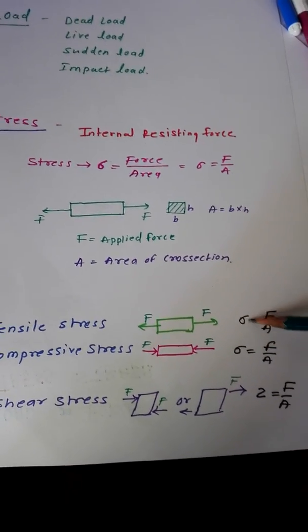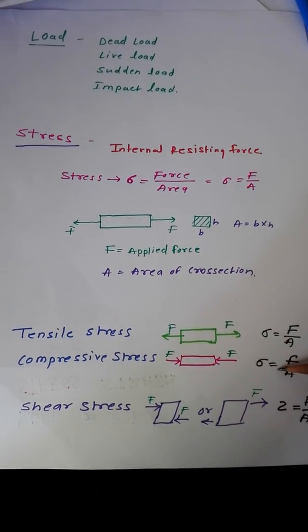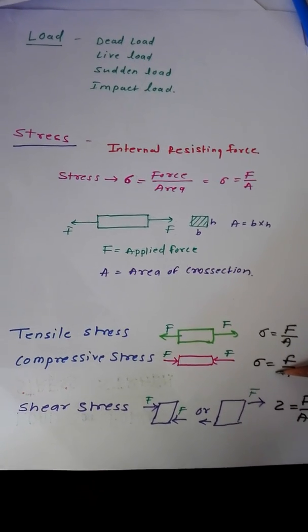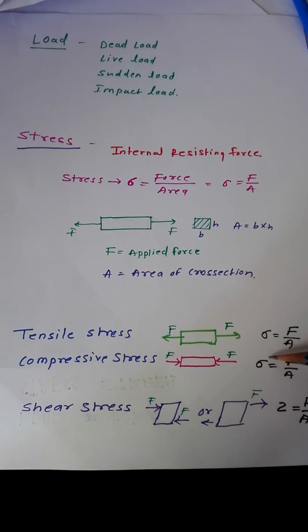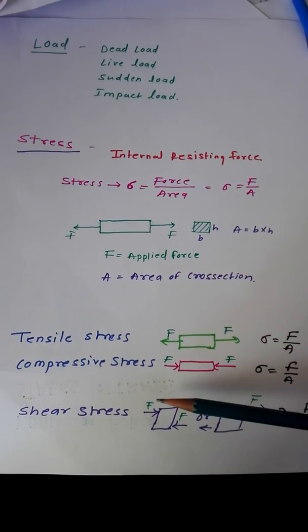In some cases the tensile stress will be taken as positive and the compressive stress as negative. It depends upon the way we are considering it in the problem. Next one is shear stress.